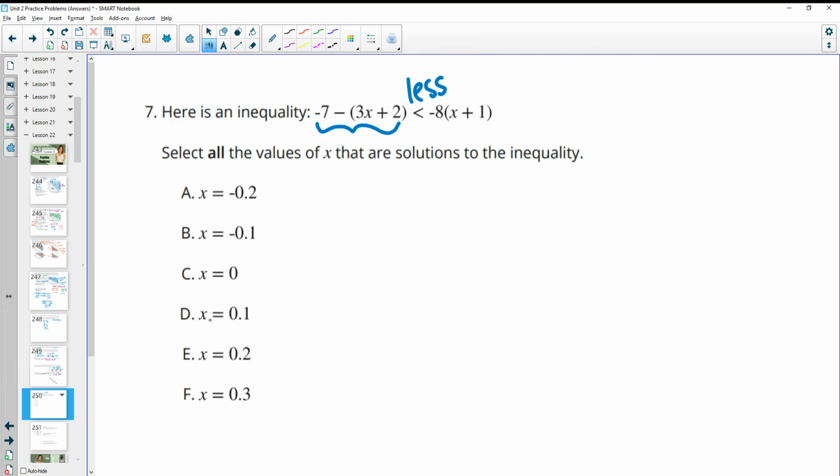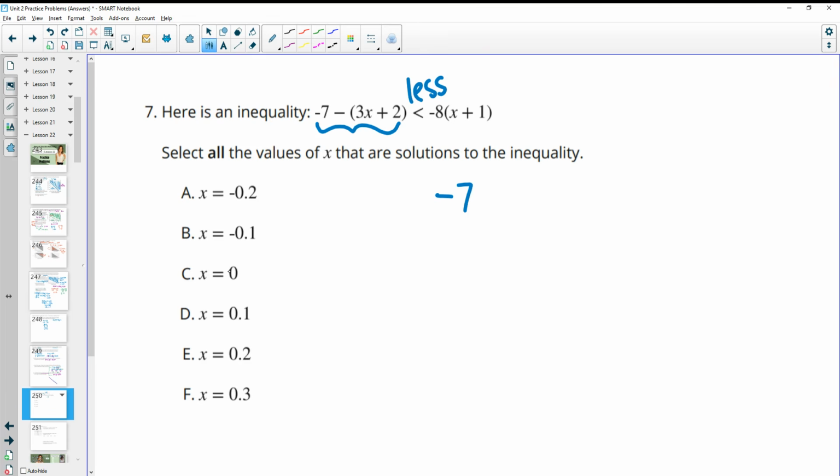So you can do that, and it will work. To me, that seems like it's going to take me a really long time to have to plug in 6 different values. So instead, I'm going to decide to solve the equation using algebra so that I can figure out the boundary point. And to me, that feels like a better use of my time.